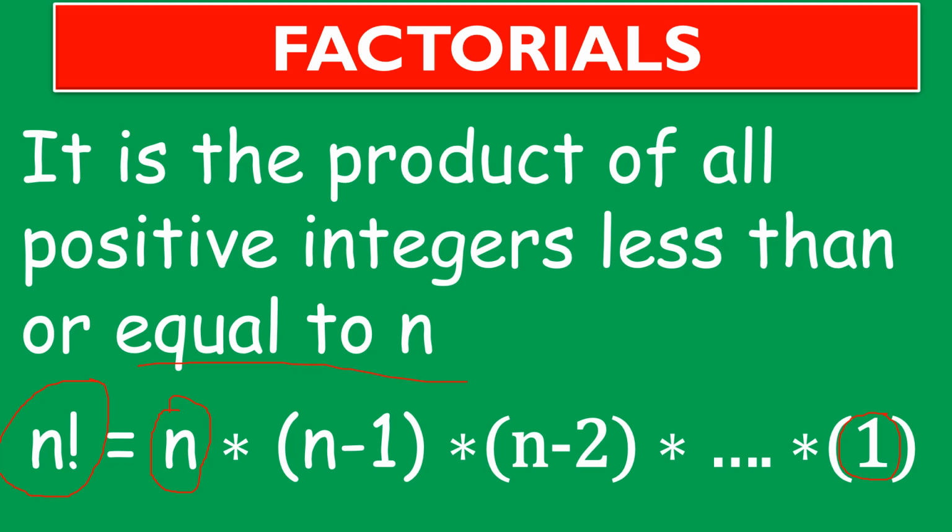We say the positive integers less than or equal to n. So the less than is covered by this part, equals to is covered by n. So simply what we have is n factorial is equals to n times n minus 1 times n minus 2, and the product all the way up till we have 1.